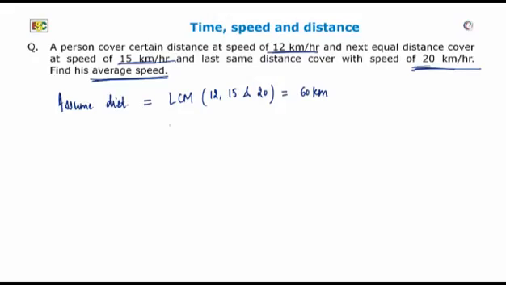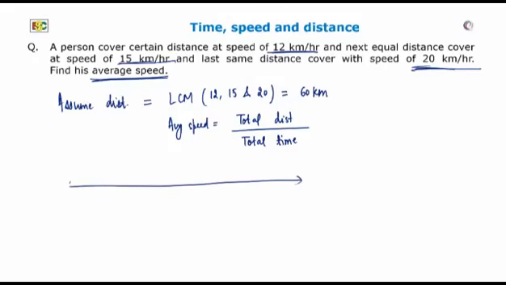Now we know average speed is equal to total distance upon total time. Now we know that for first part, speed is 12 km per hour and distance is 60 km, that we have assumed.